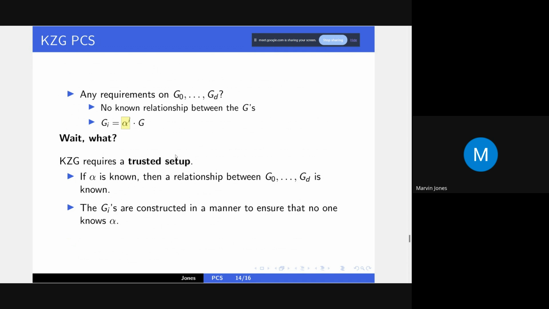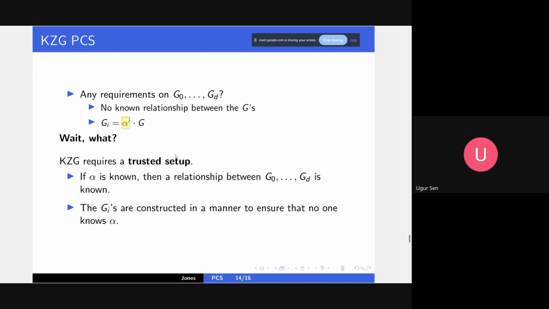KZG can be used to support succinctness, but if we sat down and wanted to make a very terrible protocol, we could use KZG as a basis, and it would be exponential. So I just wanted to say that. But it does enable succinctness. It doesn't prevent it. We'll say it that way.